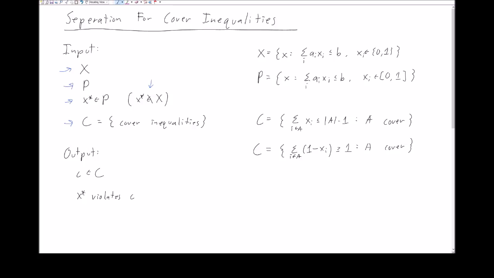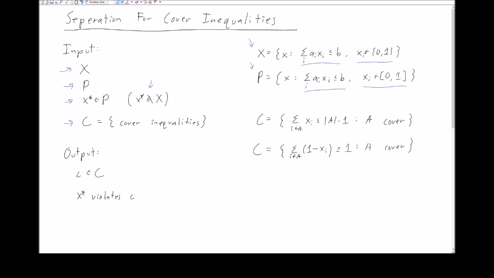Our set of feasible points X is defined by exactly one constraint and allowing the xi's to be integers. Xi's are 0 or 1. The polyhedron P is the relaxation of this, defined by the same inequality, but now xi can take any value between 0 and 1. Our cover inequalities are the basic cover inequalities.